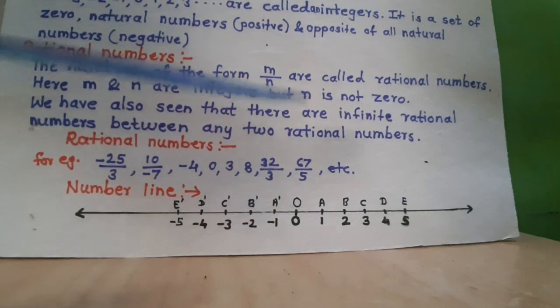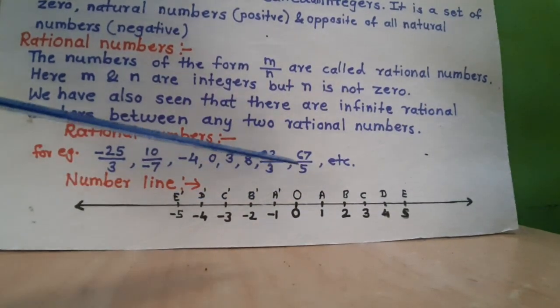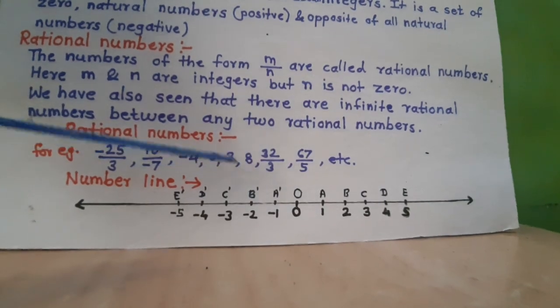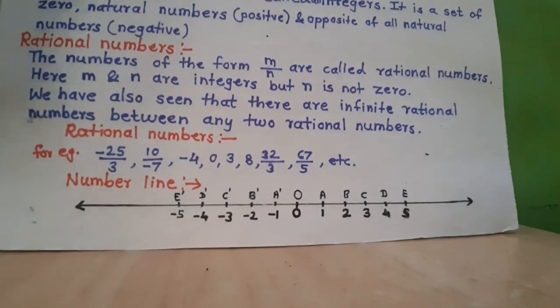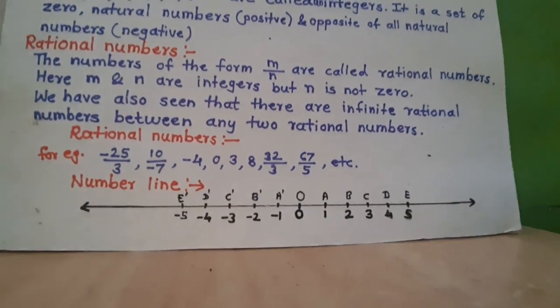When we go to the left side, minus 1, minus 2, minus 3, minus 4, minus 5. Here A dash, B dash, C dash, D dash, E dash are the points. See, children, now we have studied this, so let us start our practice set 1.1.